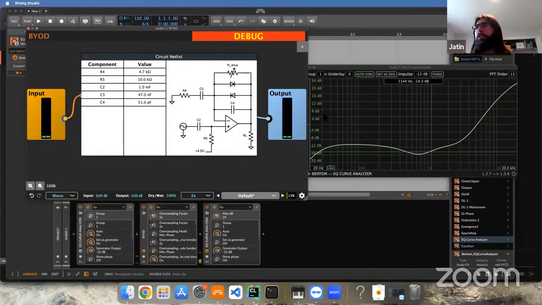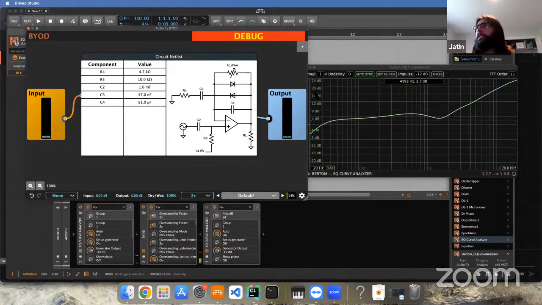If we make it bigger, okay, yeah, I guess it is a low cut sort of thing. So if you make that bigger, we're moving the low cut frequency closer to 0. Or sorry, if you make it smaller, yeah, that's right. If we make it a bigger capacitor, we move the low cut frequency closer to 0. If we make it a smaller capacitor, we move the low cut frequency to a higher number.